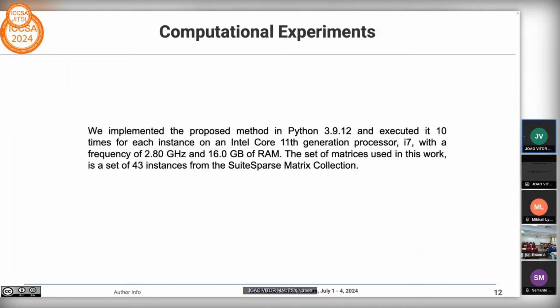Now I will talk about the computational experiments.